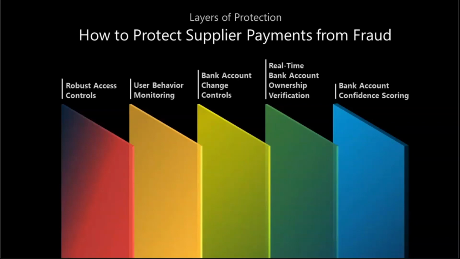So ultimately, how old is the bank account, right? So using a number of these attributes and the information that we have in SmartVM, we are able to predict the likelihood of the account belonging to the supplier, right? So this bank account confidence score is also very important and works for all countries in the world. So those are the layers of protection I wanted to talk about to give you a perspective on how we can prevent such fraud from happening in future.